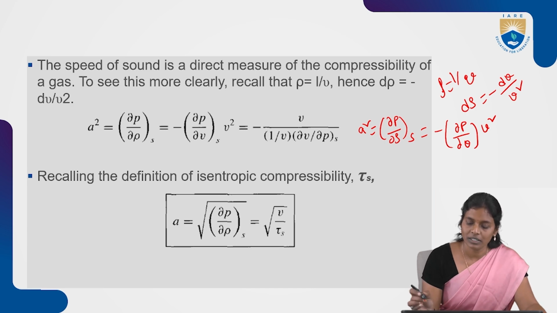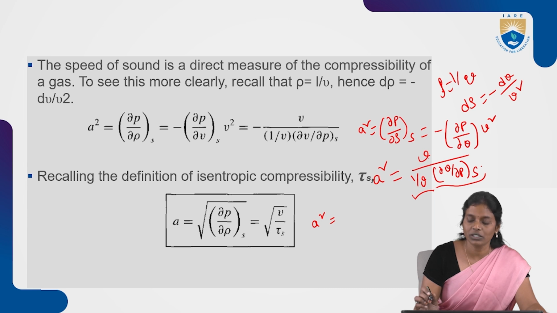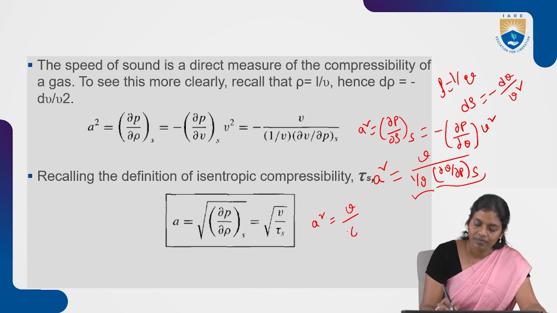Now further we can write this as 1 by V, so that V square will be coming, and we can write dou V by dou P at constant S. So now this expression, A square equal to, this entire expression is nothing but tau S. So V by tau, right?